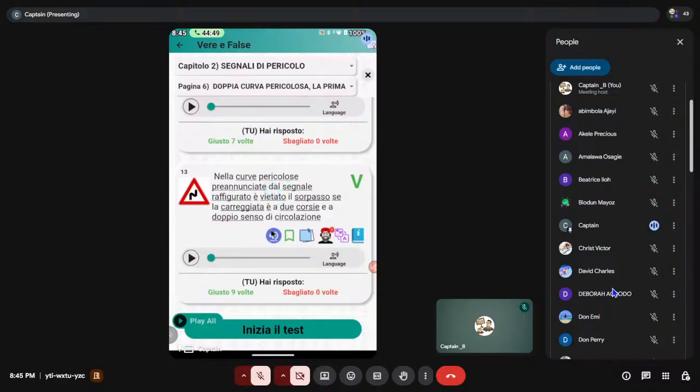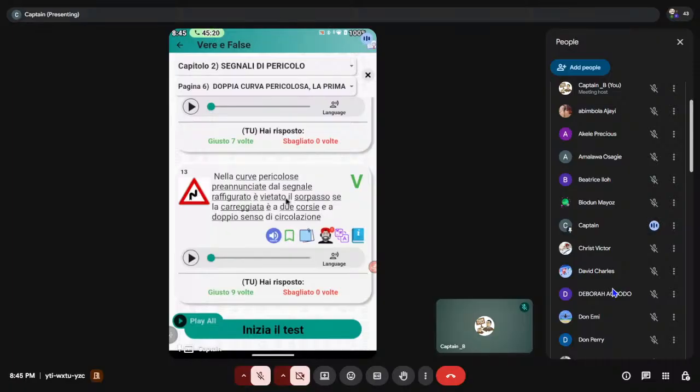Nelle curve pericolose preannunciate dal segnale raffigurato è vietato il sorpasso se la carreggiata è a due corsie e a doppio senso di circolazione. Now, overtaking on this kind of road is also forbidden, just like the previous one we did. In this sign, the dangerous curve is announced by the sign shown.